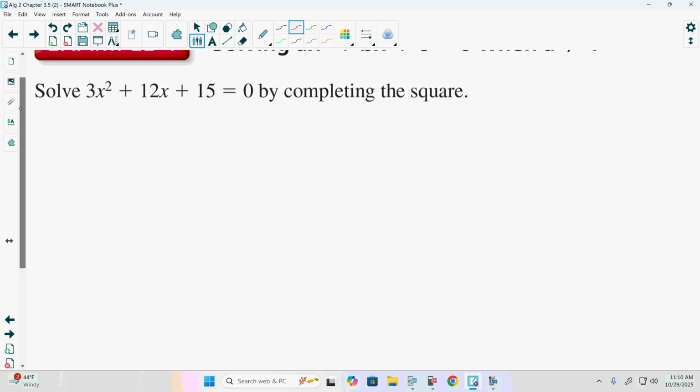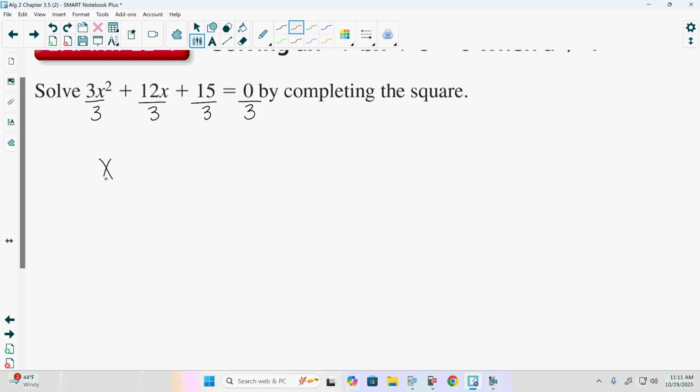Because we're going to take whatever that first number is and divide every term by that number. So since the number for a is 3, it means every term, the x squared term, the x, the constant term, what it's equal to all has to be divided by 3.